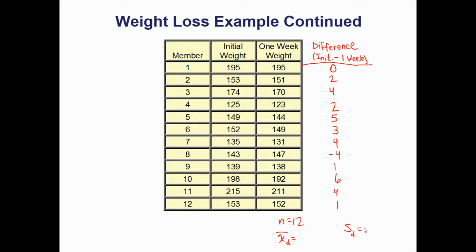Yep. XD bar is 2.33. We don't have to do anything with repeating, we just said 2.33. What about sd? 2.67.